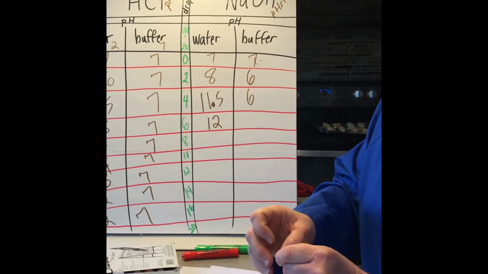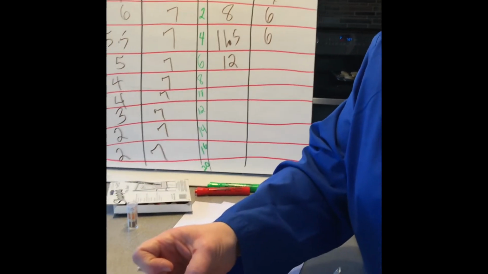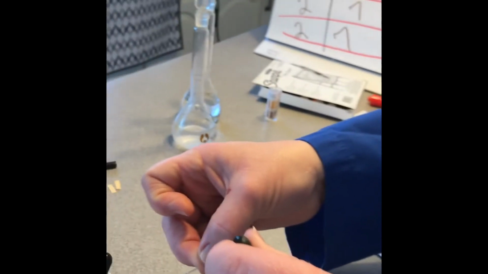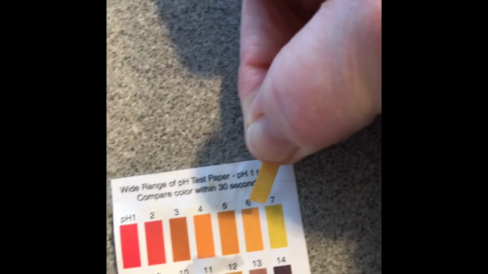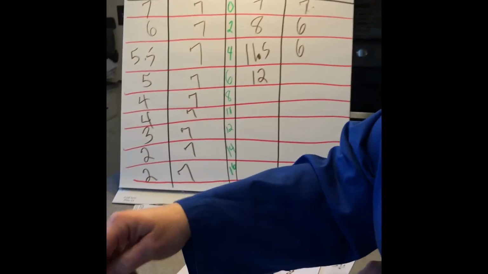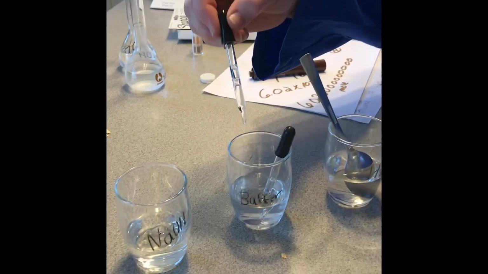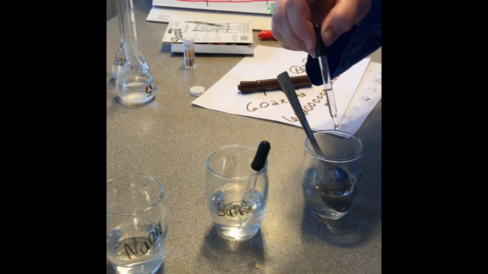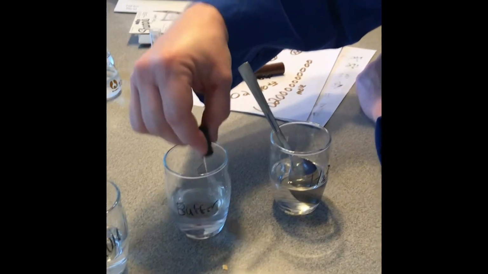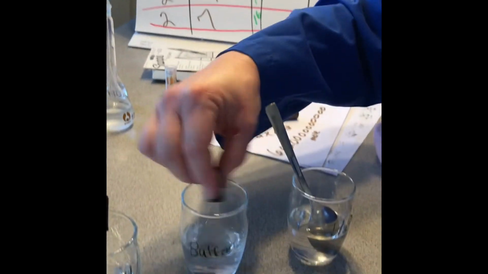All right, and so now we're going to try our buffer solution. Same. Yeah, so it's still not moving. Okay, we'll do 2 more drops. And this is also where the more precise pH paper would come in handy.